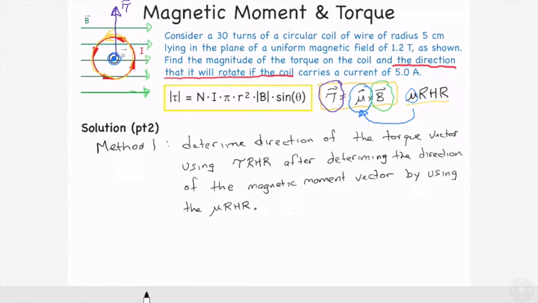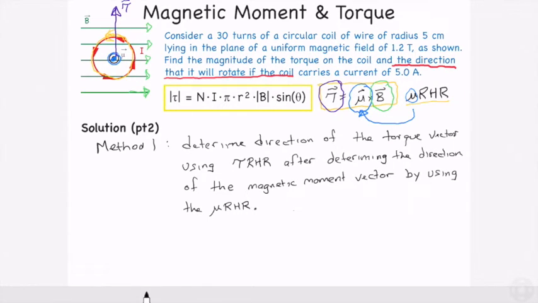Then, once you know the torque direction, you just have to remember one more thing: the torque points in a weird direction. But from 1A, you'll hopefully remember that if you orient your thumb to point along the torque direction, then your right hand fingers will indicate the direction of rotation associated with that torque.